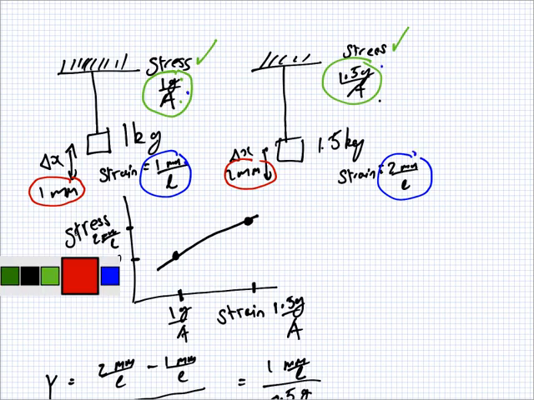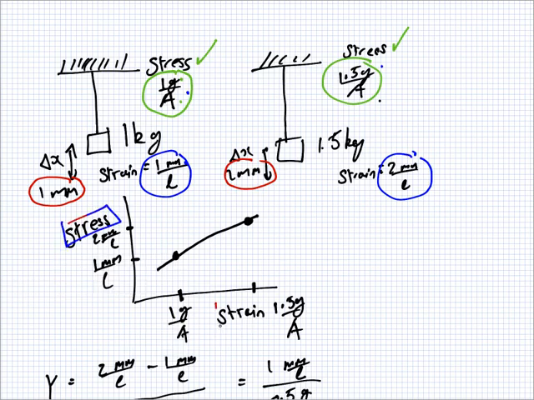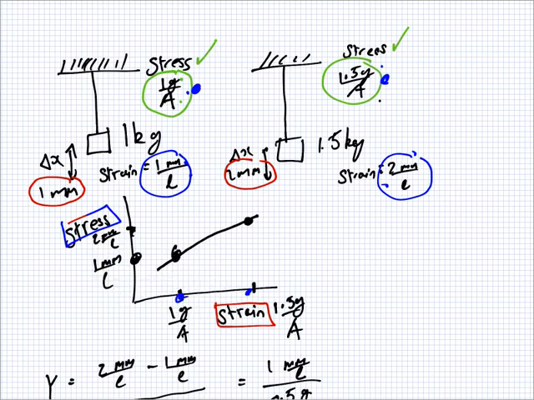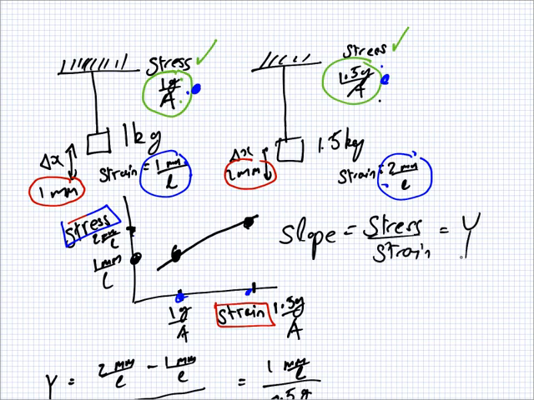And I can make a graph. Here's the stress, and then here's the strain. So I make 2 points, and the slope is equal to the stress over the strain, which is the Young's modulus.